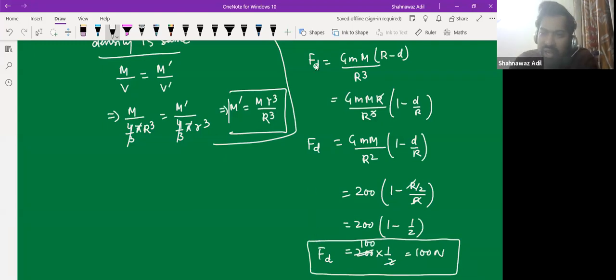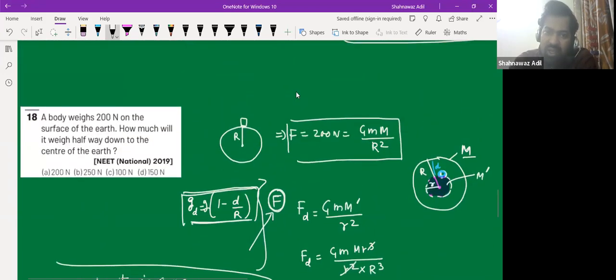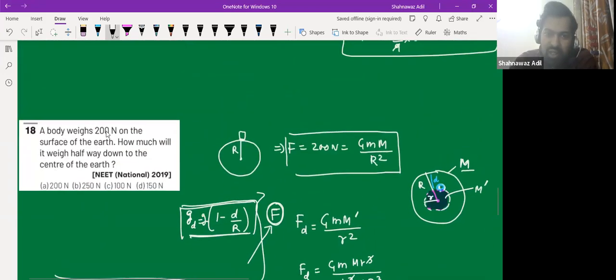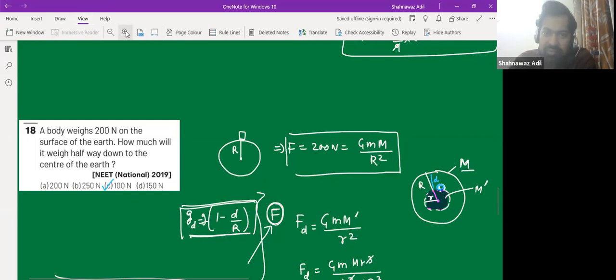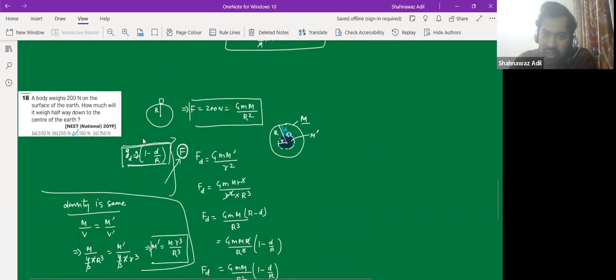Force is maximum at the surface: the weight was 200 at the surface, but it will reduce to 100 newton at that depth. Is it clear to you?